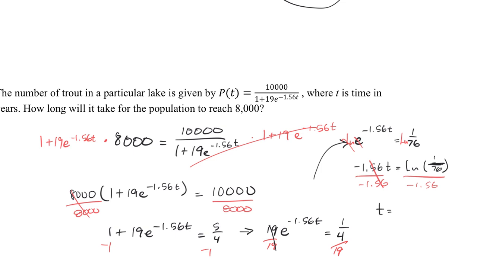And t is equal to the natural log of 176 divided by negative 1.56, which is approximately 2.78 years.